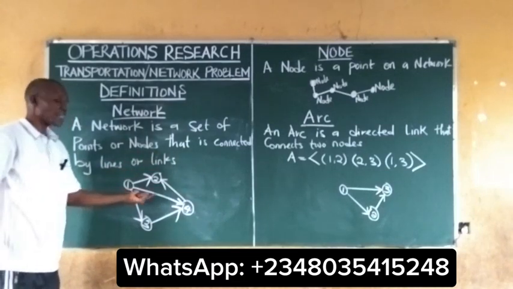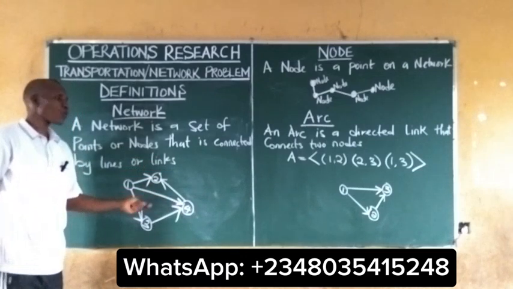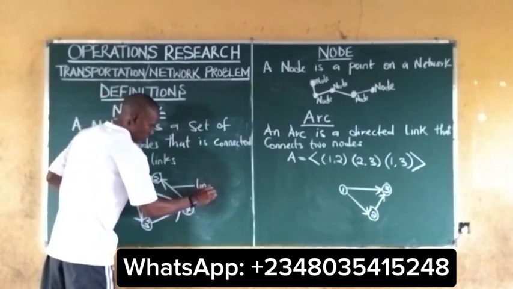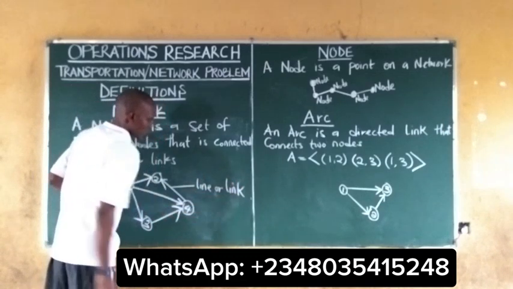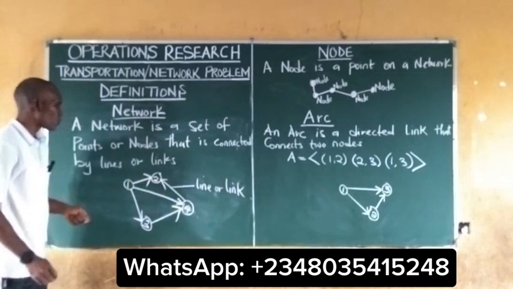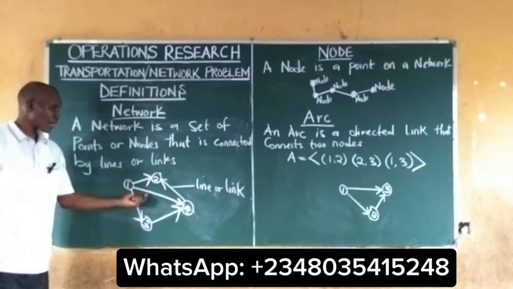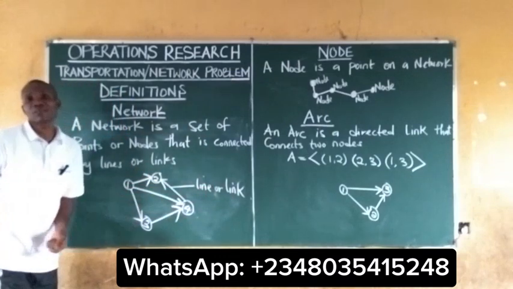And they are connected by lines or what is called links. This is a line, or better still, we can call it a link. So if this is a network, they are being connected by lines or links.